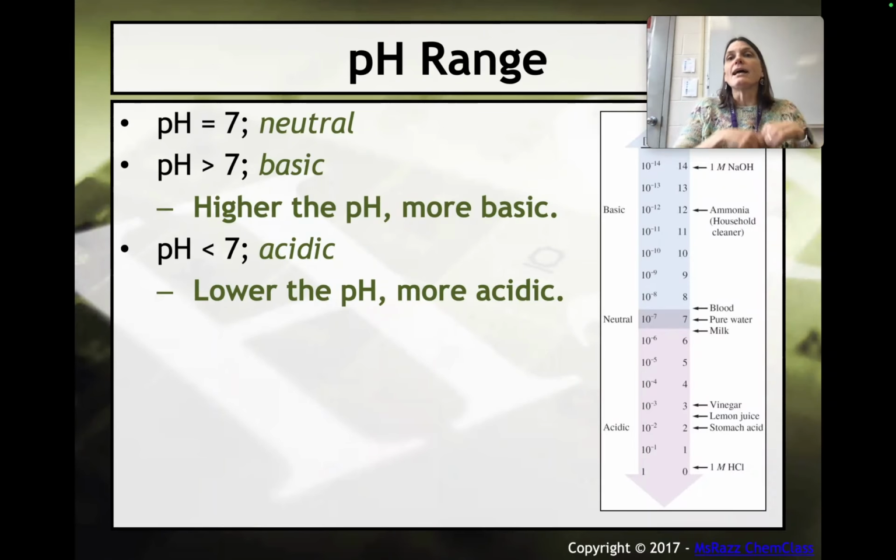That means you have a more basic solution, where the H plus concentration is smaller than the OH minus concentration. If the pH is less than 7, pH goes down, H plus goes up. So you have a lot of H plus in the solution, so a higher hydronium ion concentration.